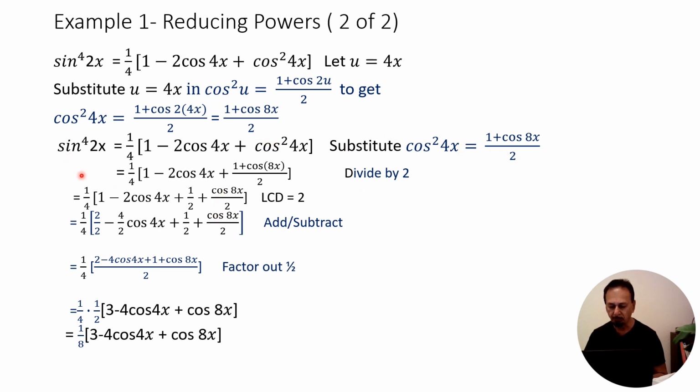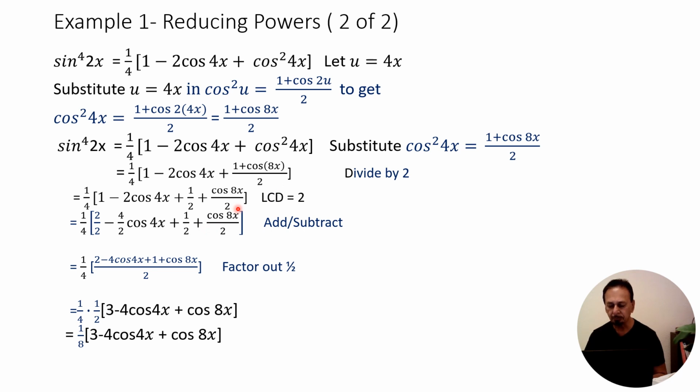So now we have sine to the 4th of 2x equals 1 over 4 times 1 minus 2 cosine 4x plus 1 plus cosine 8x over 2. Now we break it down into two fractions, so divide by 2 individually. So now we have 1 over 4 times 1 minus 2 cosine 4x plus 1 over 2 plus cosine 8x over 2.